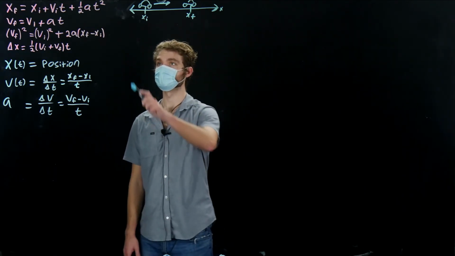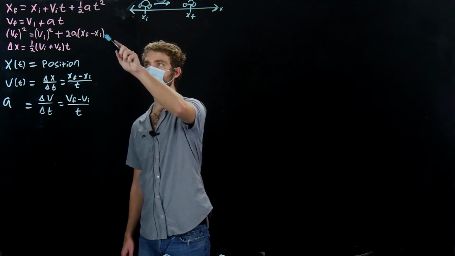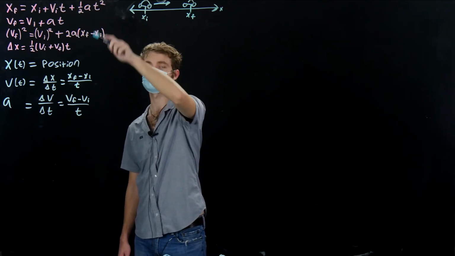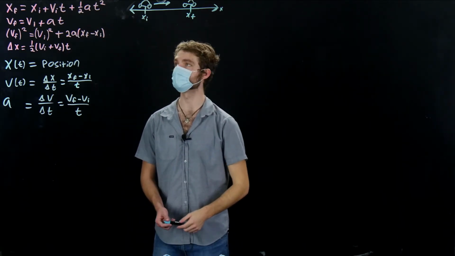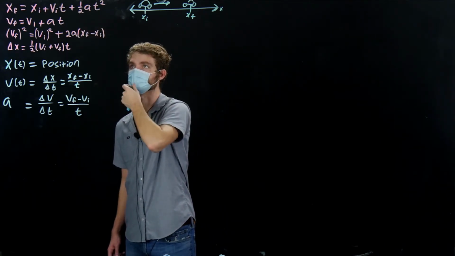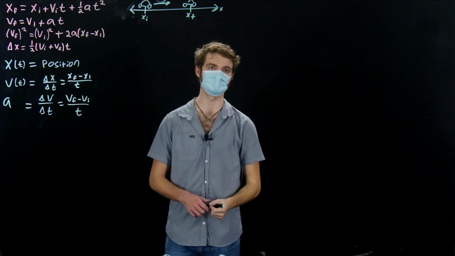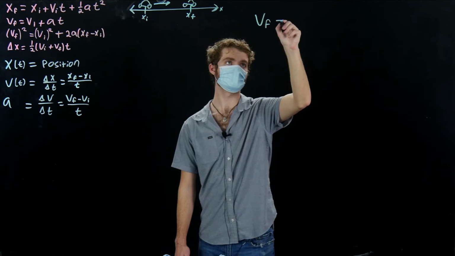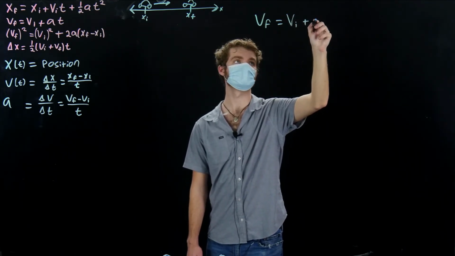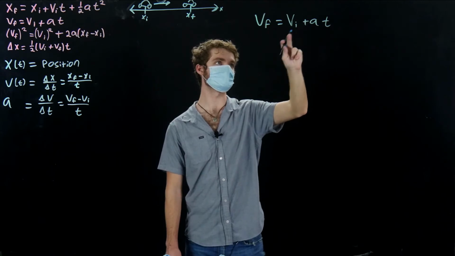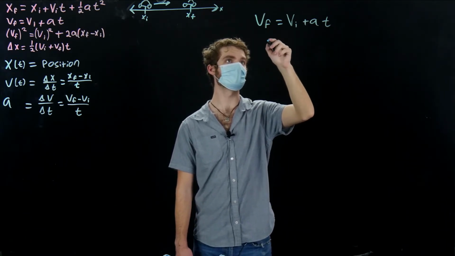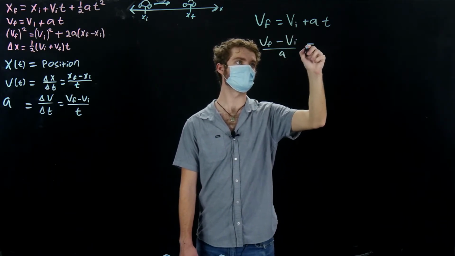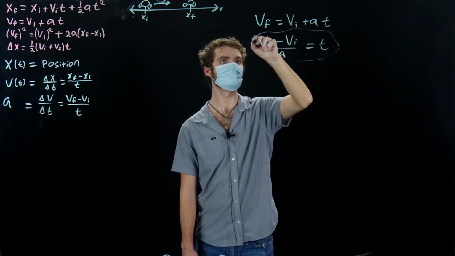Now all we need to do is figure out how to get this equation by getting rid of all of our time, all of our t's. So what we're going to do is take this equation, which tells us v final and v initial in terms of a and t, and we're going to solve it for t. So we have v final equals v initial plus at. Solve it for t, subtract v initial and divide everything by a, and we have v final minus v initial over a equals t. Woo.